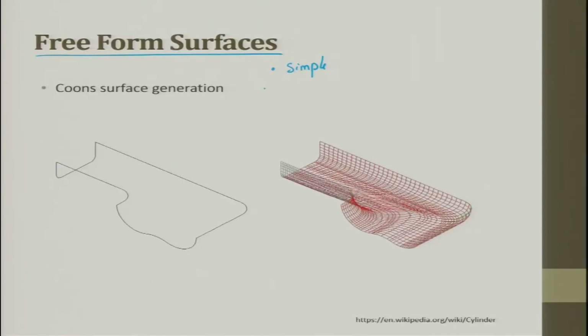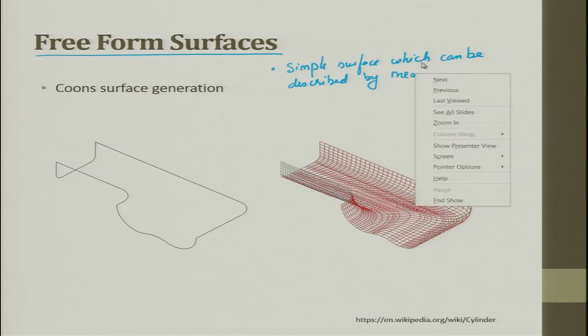So, Kuhn surface is basically a simple surface which can be represented, which can be described by means of simple formula.